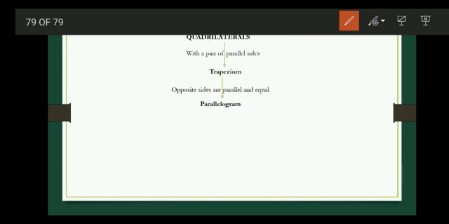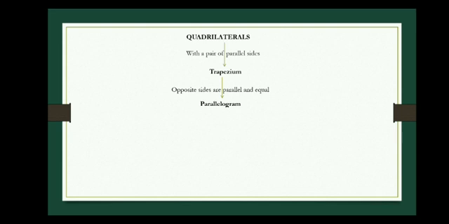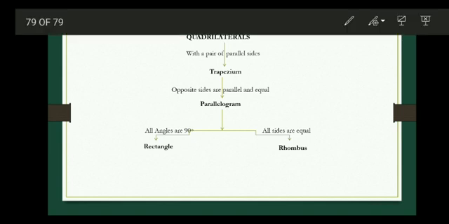Next, from the parallelogram we'll get two different things. In a parallelogram, if all angles are 90 degrees, then we'll get a rectangle. In a parallelogram, if all sides are equal, we'll get a rhombus. So all rectangles are parallelograms, and all rhombuses are parallelograms.